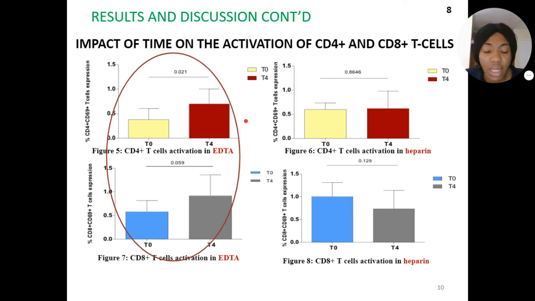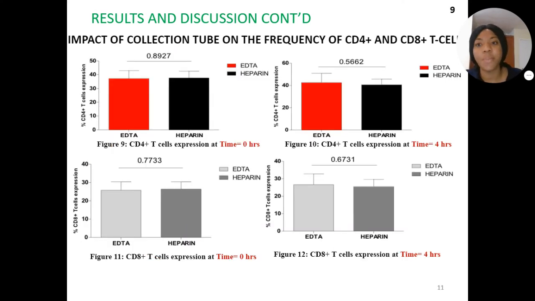So this may point to the fact that it was not only the time lapse of 4 hours that caused the activation. Probably the EDTA tube had some effect on the change in the activation status after 4 hours.